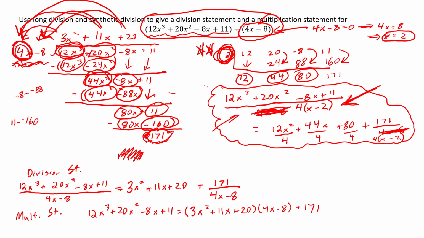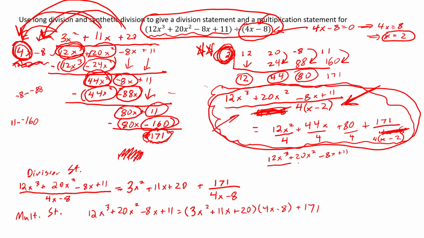So what does that end up as? Well, everything that's written in what I'm circling now, I'm going to rewrite one more time. What I have is 12x cubed plus 20x squared minus 8x plus 11 over this 4 times x minus 2.